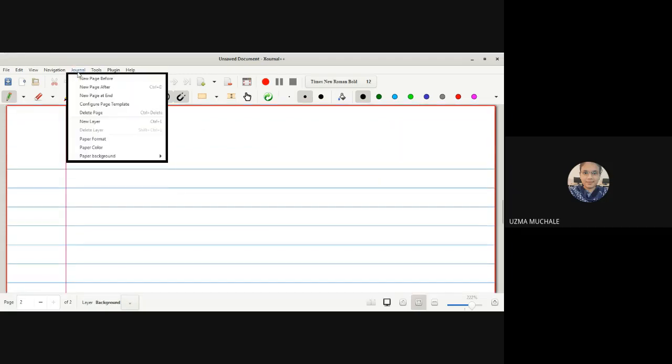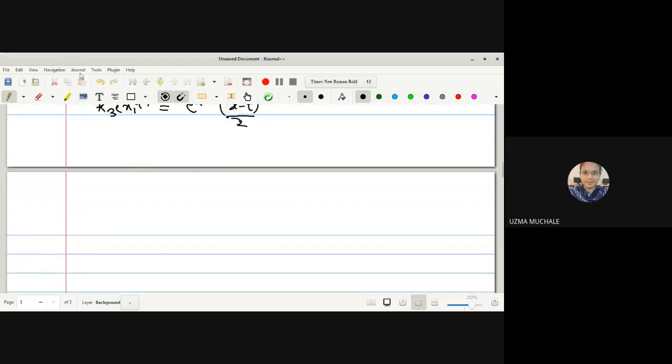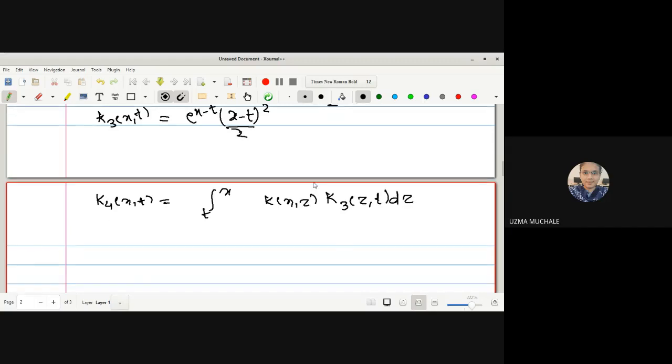Similarly, we have to find the next terms, that is K4, and then we can write the general formula for this, and hence we can find the resultant kernel. Okay, let me write down K4 of x, t, which is equal to the integration from t to x of K of x, z into K3 of z, t dz, which is equal to the integration from t to x of e raised to x minus z times K3 of z, t.